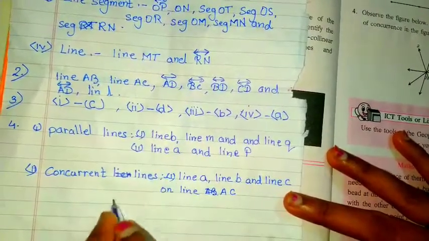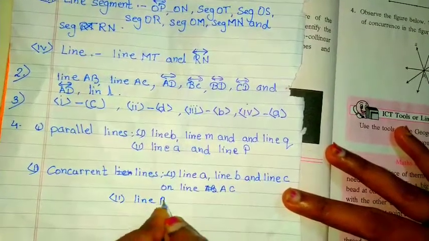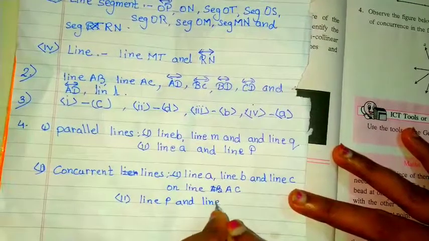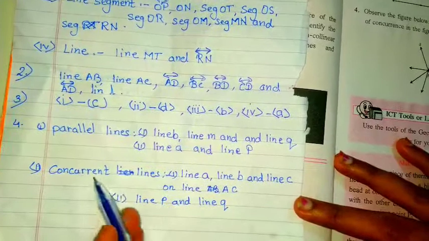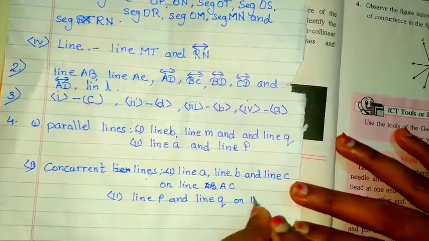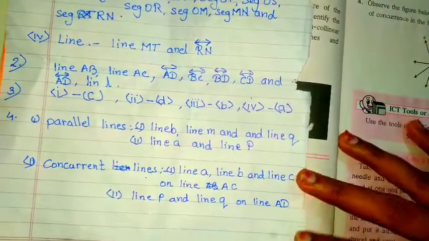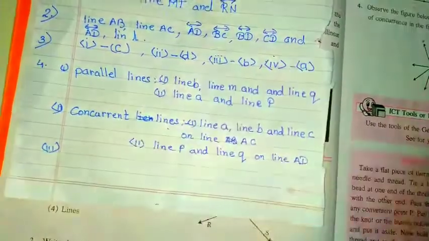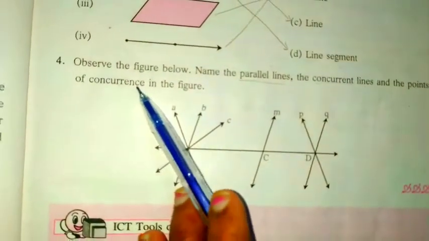Second, line P and line Q are concurrent lines at point D. Third is points of concurrence.